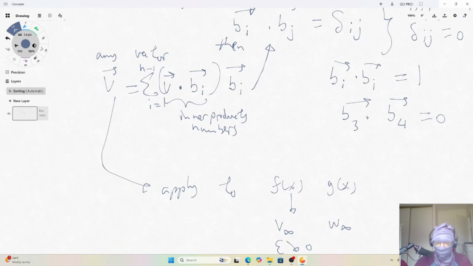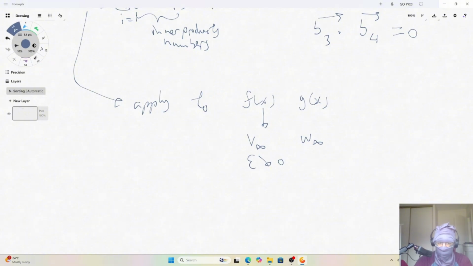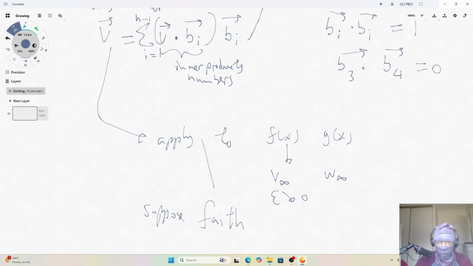I cannot prove it to you, but suppose that we have the faith that this theorem holds as the number of dimensions increases and epsilon goes to 0.